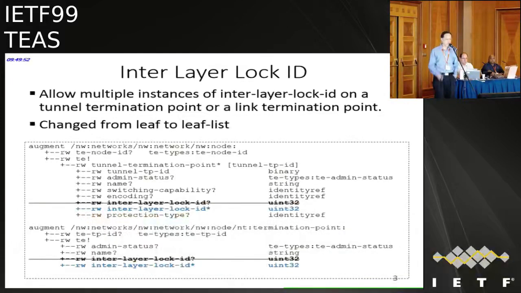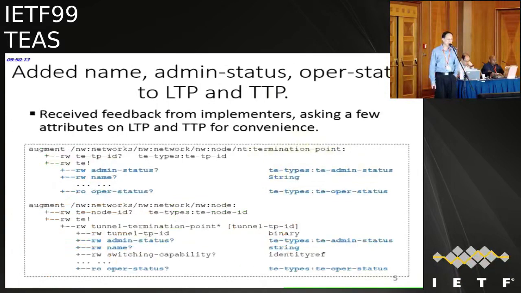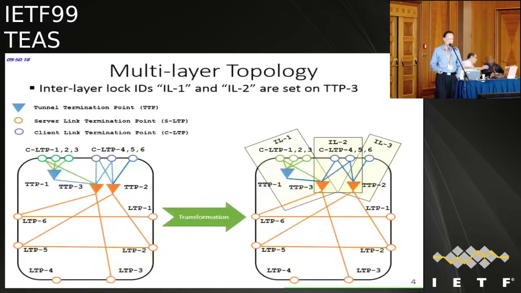The reason is that, in this case, a TTP like TTP3 may be used for multiple lock IDs, 1 and 2. So we changed that to allow these cases.